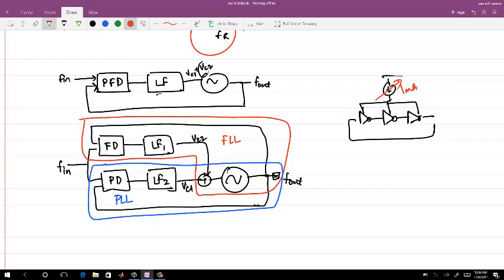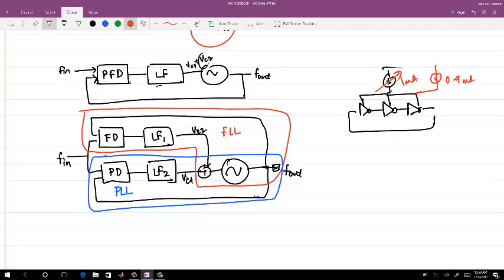Whereas if I split this, and have 0.9 milliampere coming from my frequency detector part and only 0.1 milliampere coming from my PD part, I can vary the gain, I can have a different loop filter control. You do not get limited by the frequency acquisition range if you do frequency detection and phase detection independently.